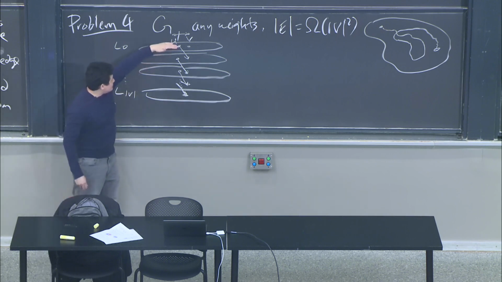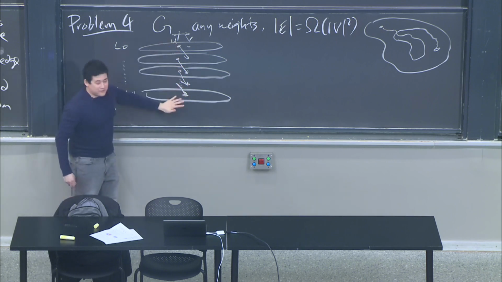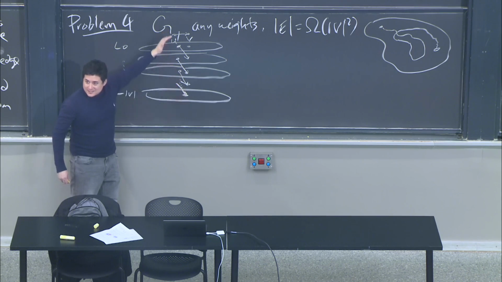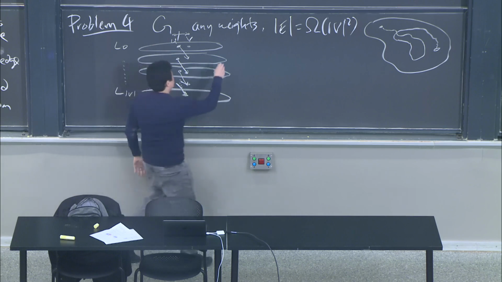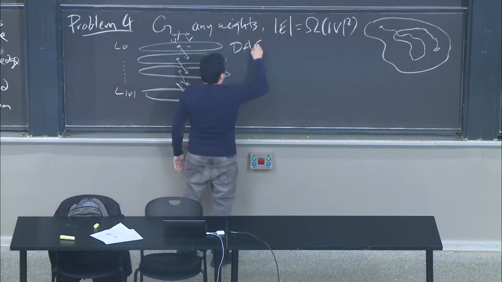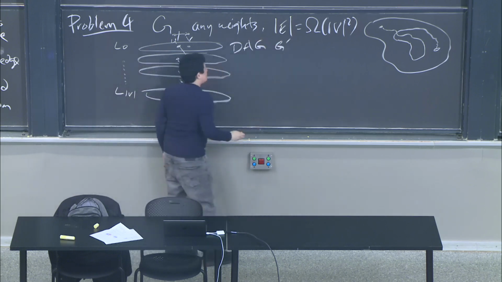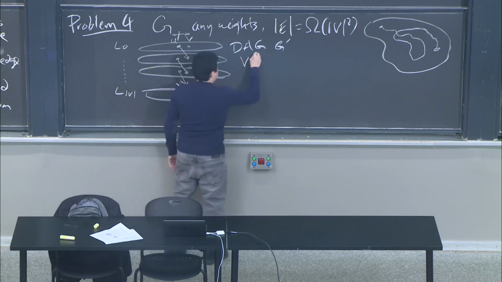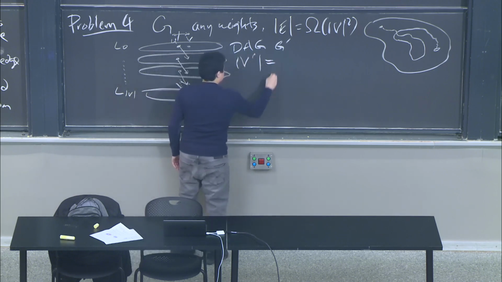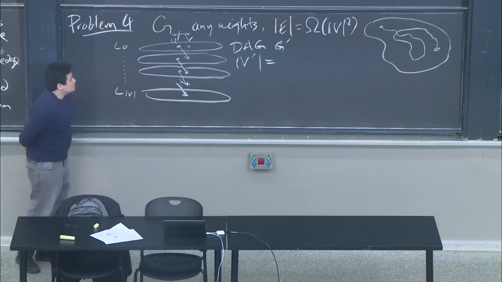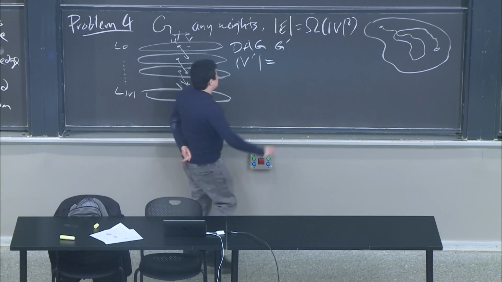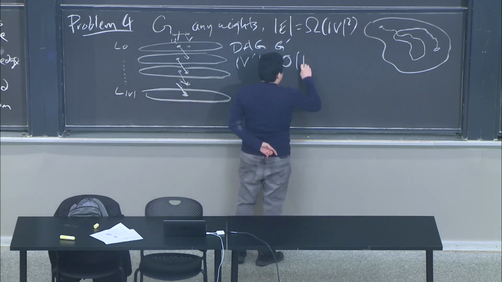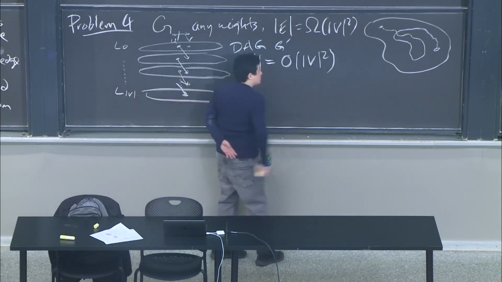But what kind of graph is this? This is a DAG. Maybe I call this G prime. How many vertices are in G prime? V times v plus 1, so I'm going to say order v squared.